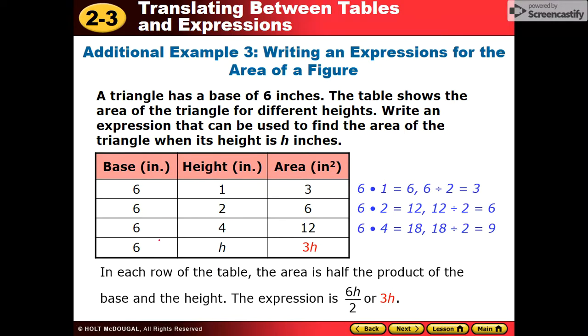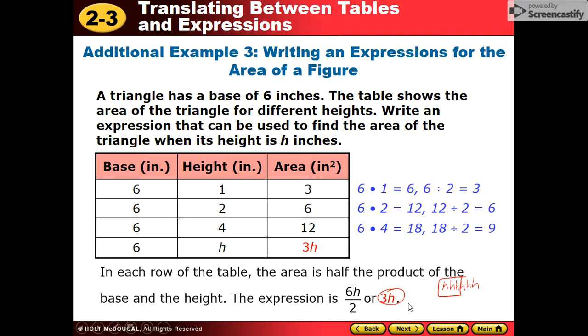Here, base times height, so 6 times h, or 6h, and then divide that by 2. Well, half of 6h, if we had 6h's written out, 1, 2, 3, 4, 5, 6. If we divided that by 2, or took half of that, we'd come up with 3h.